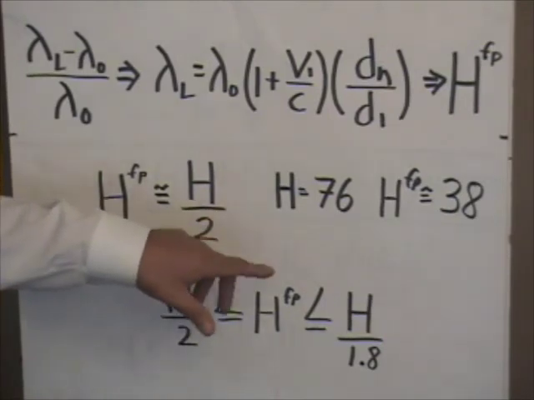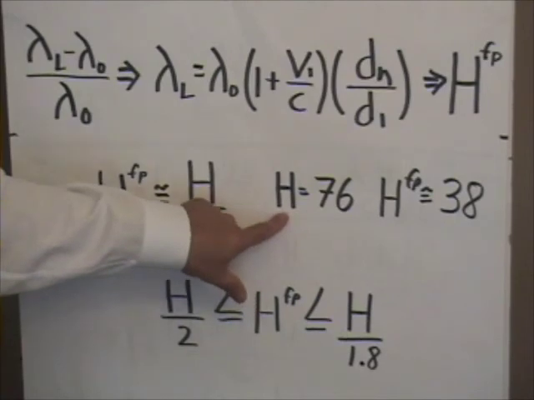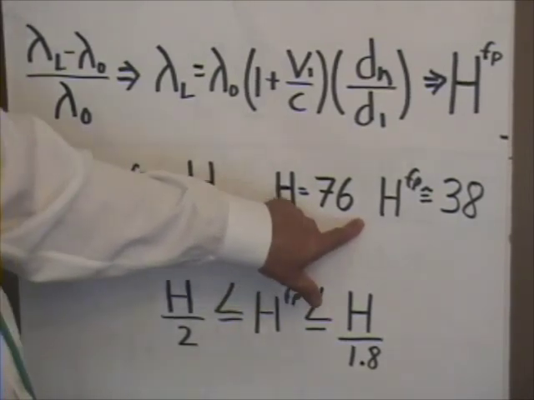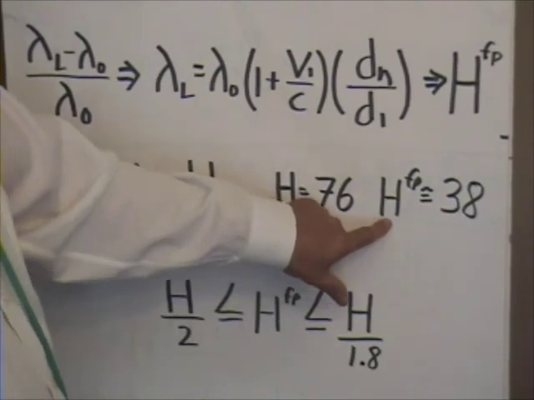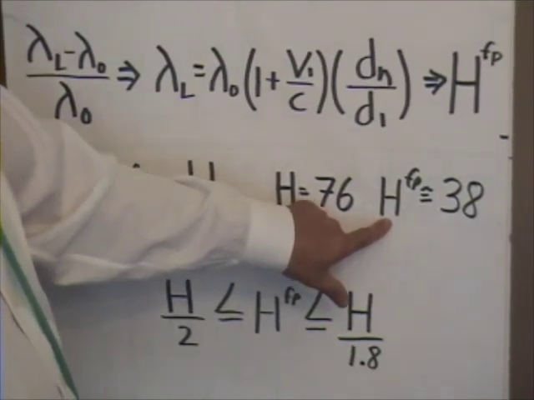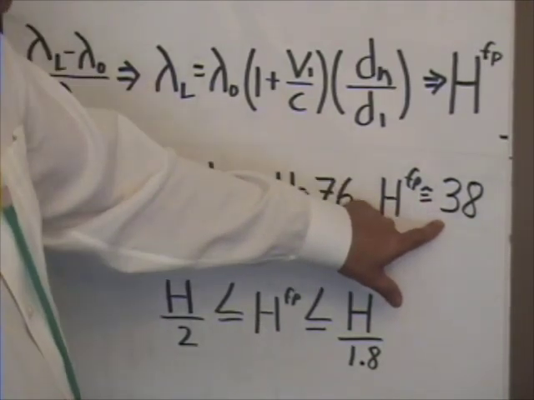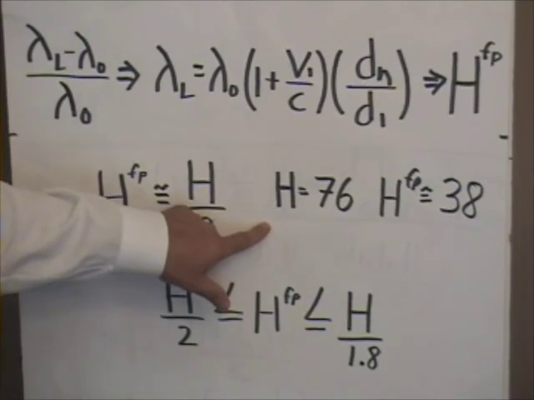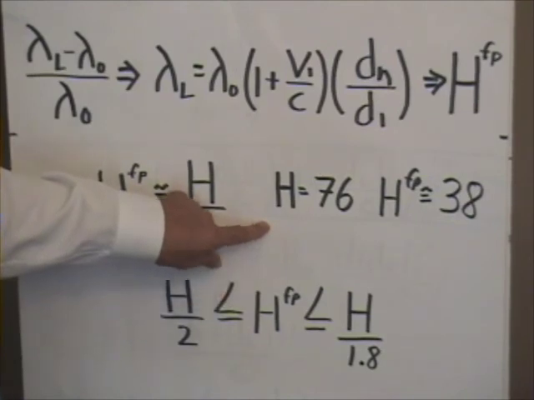So if the value of h derived, let's say by the cosmologic redshift formula, is 76, the value of h derived using the first principles formula will be about 38, and that would be for the same observed redshift and the same distance the light has traveled, dl.